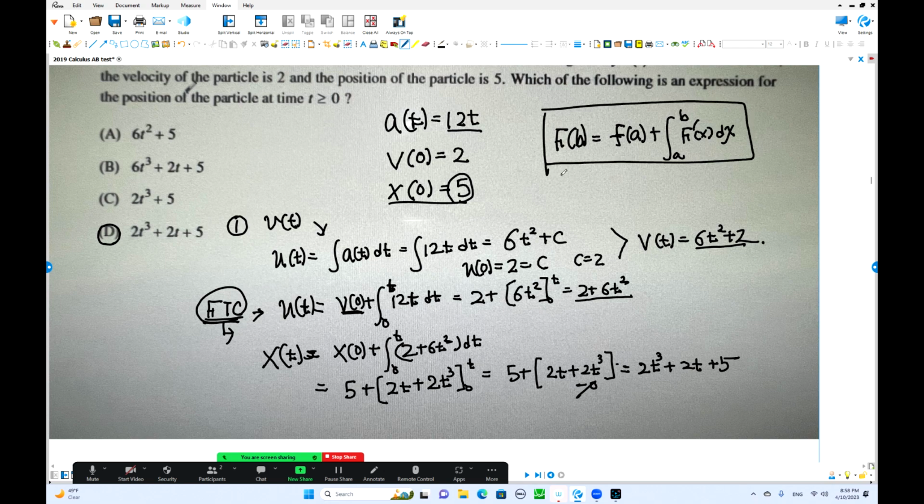If this is a function of t, you can use t instead of b: f of a as a kind of initial value, plus the integral from a to t of f prime x dx.